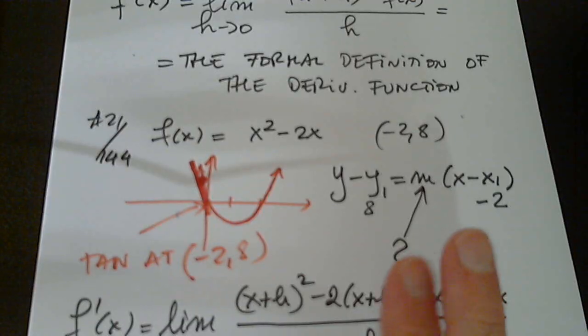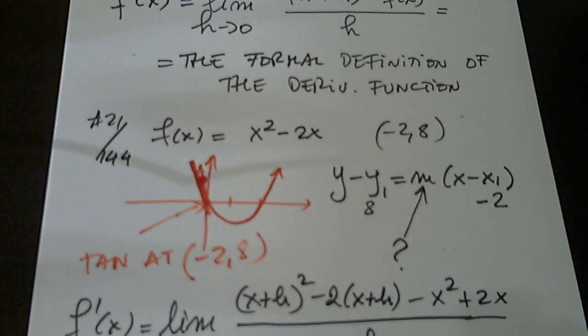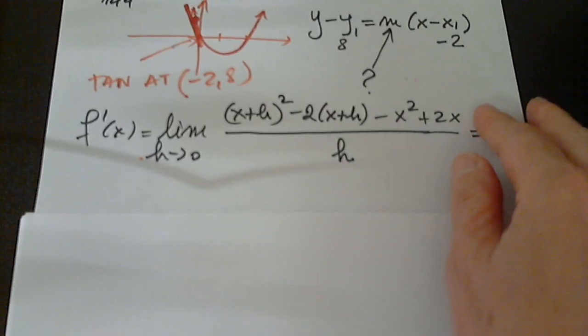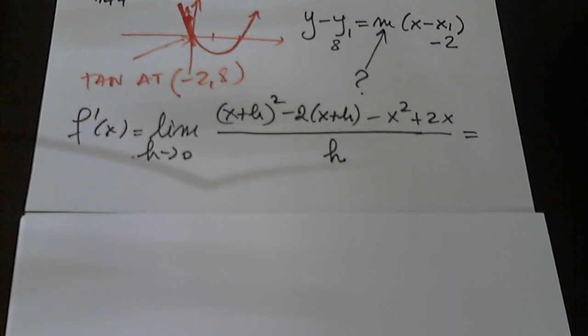Remember, two things have to happen. Anyone remembers what has to happen here? Mandatory. There are two very important notes that we wrote 2 weeks ago. What has to happen in the difference quotient?